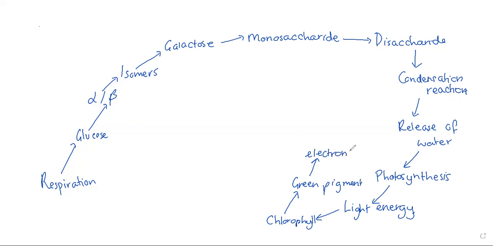We also know that the electrons are transported through an electron transport chain, and that the energy used for the electrons moving through the electron transport chain is used to fuel the movement of hydrogen ions. That's called an electrochemical gradient.